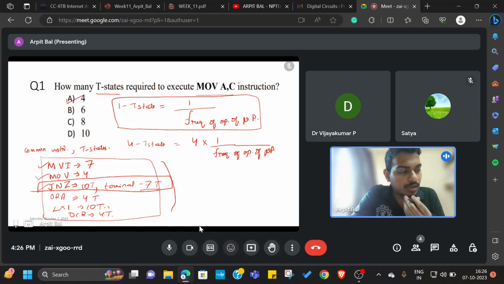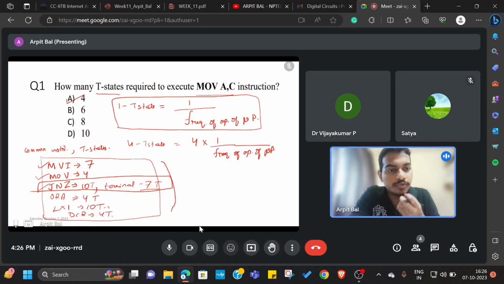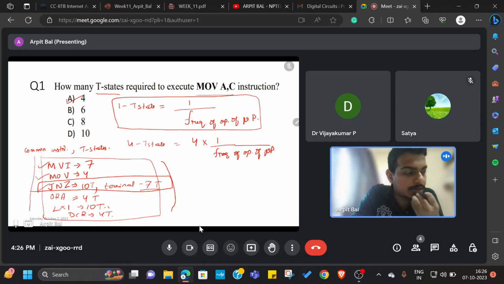The first question was related to getting the number of T states required for execution of MOV A, C. Then I listed a few commonly used instructions and their T states. A T state is a unit that we use to measure how much time an instruction is going to take.